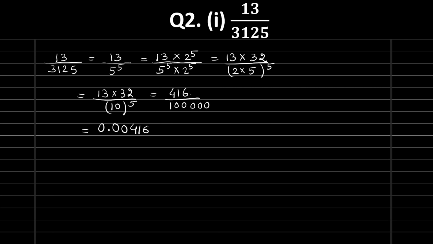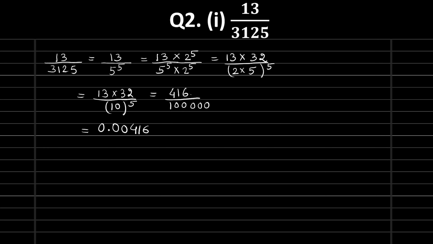So very simple. The only thing that we have to consider over here is, first of all, write down the prime factorization of the denominator, then check what is the exponent of 5 and 2 over here. Okay, we have to make sure that their exponents have to be the same. We have to take the largest exponent of both of them. So here we can see we have 5 raised to 5, we do not have 2, right?